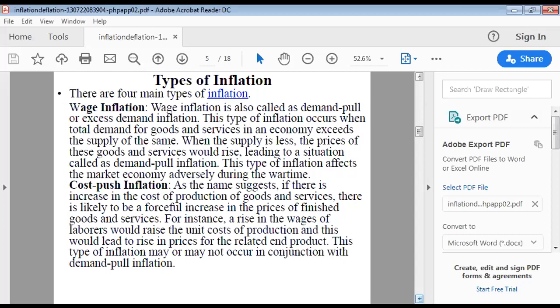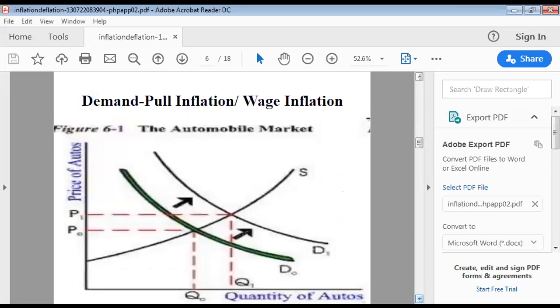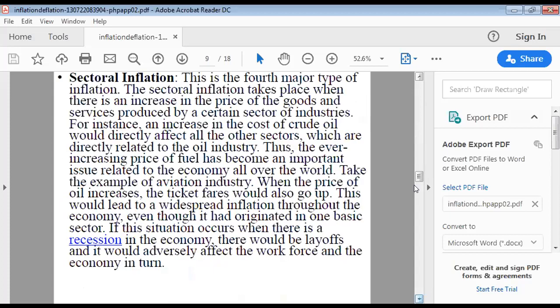This type of inflation may or may not occur in conjunction with demand pull inflation. It depends. So this is a graph that typically explains what we're talking about here.